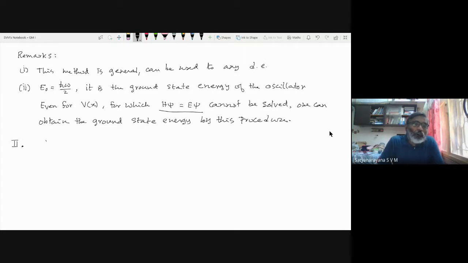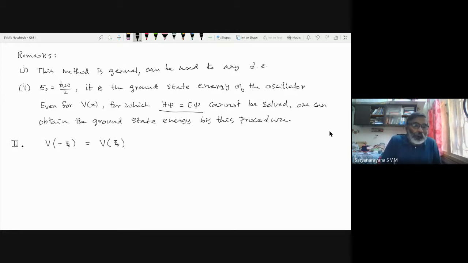So V of minus xi is equal to V of xi; it's an even function. What does that mean?